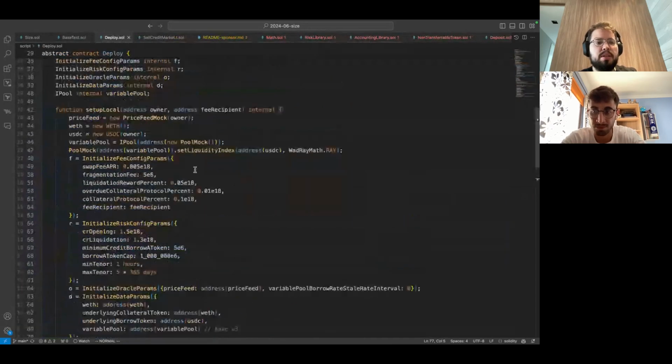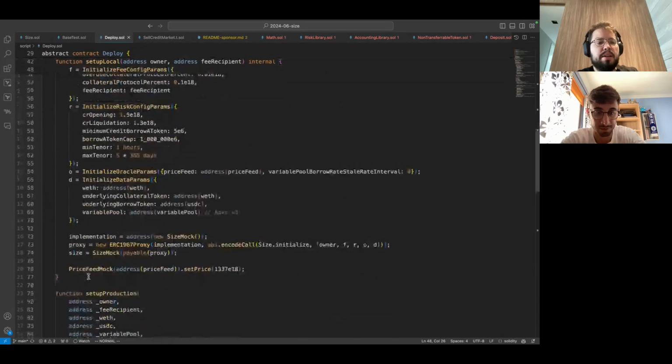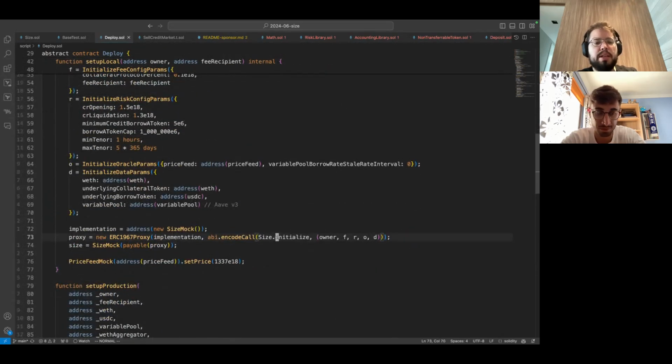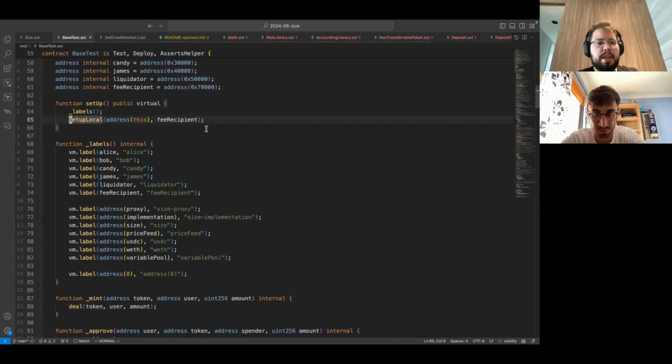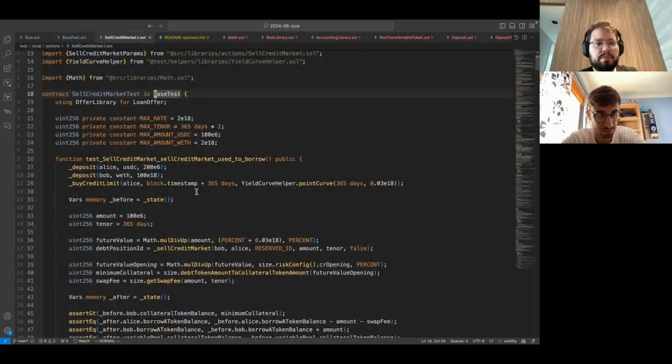This is just a local deployment. We deploy a mock price feed, some mock tokens, some configuration parameters, and then we do an initialize because this is a proxy contract. And then we set up the labels like Alice, Bob, etc.